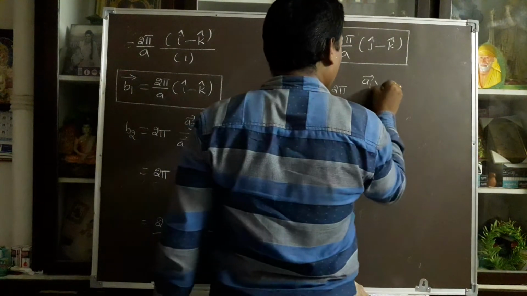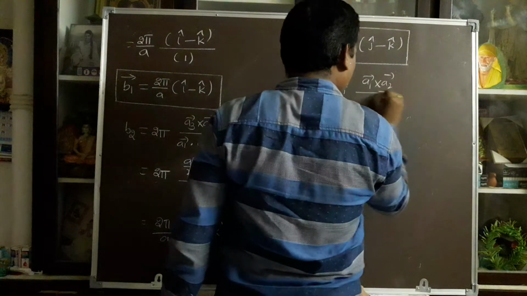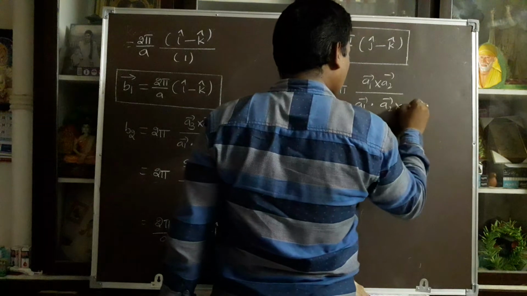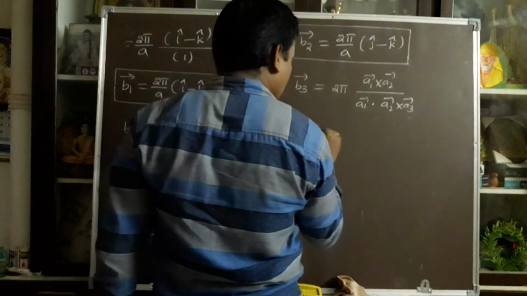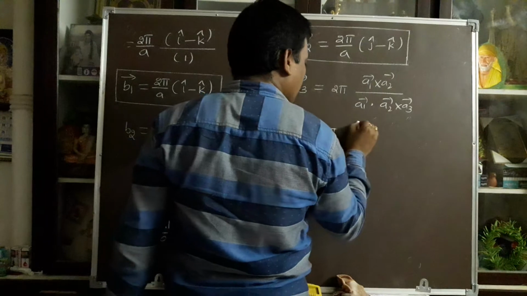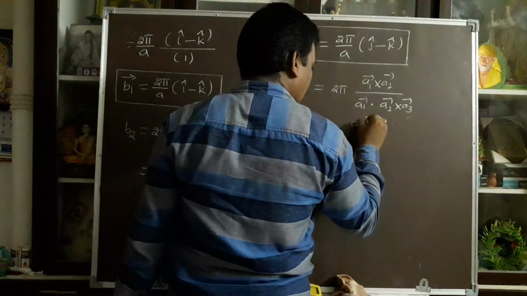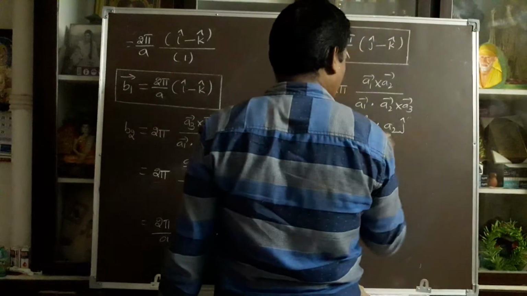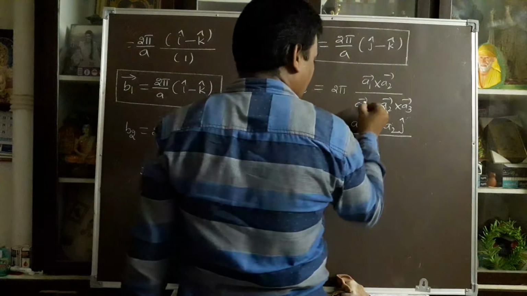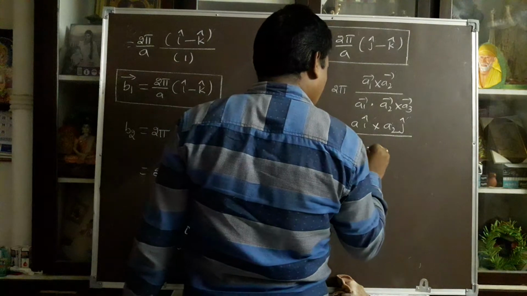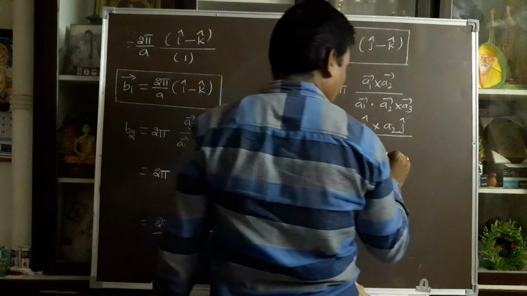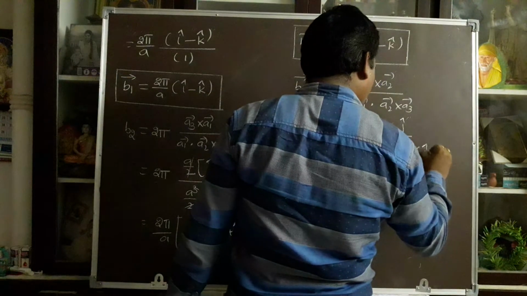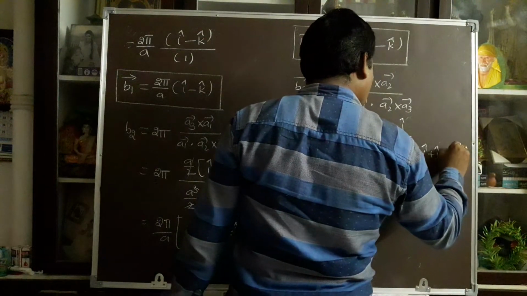A1 bar cross A2 bar divided by A1 bar dot A2 bar cross A3 bar. Substituting in this equation, we get 2 pi into A1, which is A into i cap plus A2 into j cap, divided by A1, A into i cap, in dot product with A into j cap cross A by 2 into i bar plus j bar plus k bar.